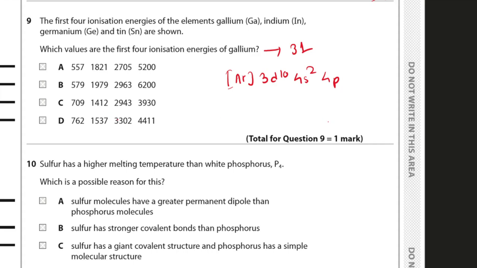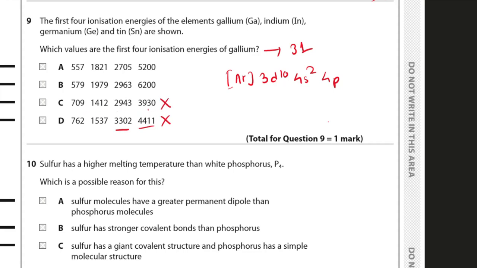So if there is a big jump between the third and fourth ionization energy, we just need to check the values down here. We can clearly see in option D we do not see any big significant change between the third and fourth, so we are not going to consider option D. Again C as well for the same reason.